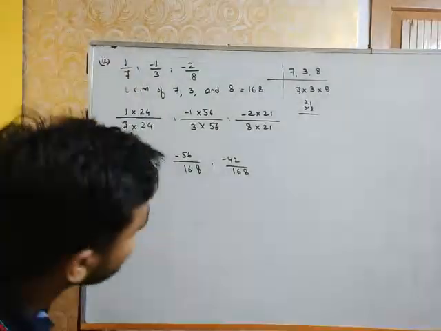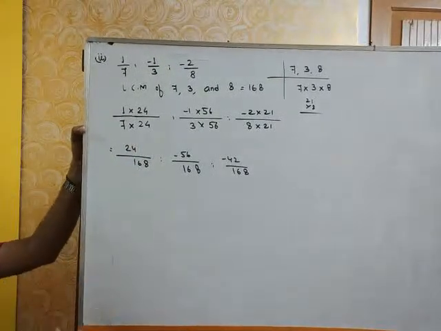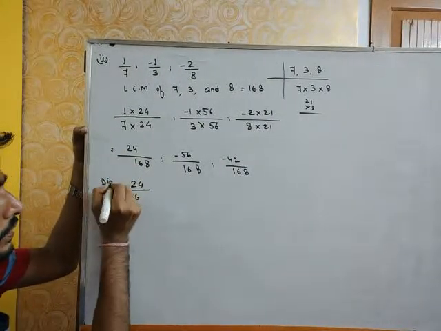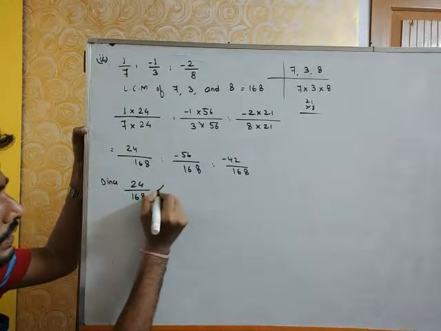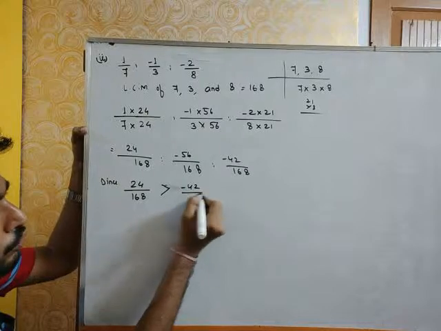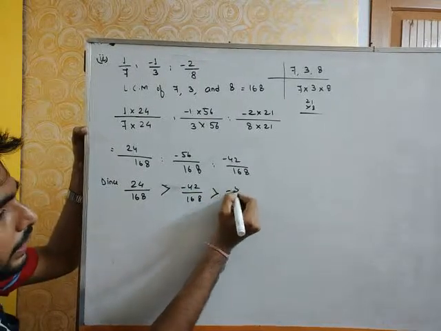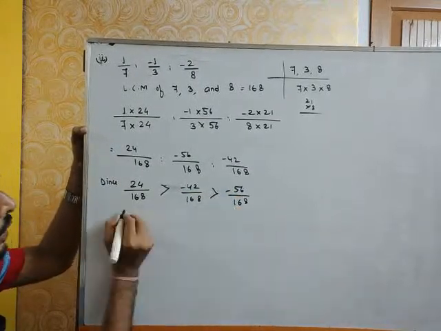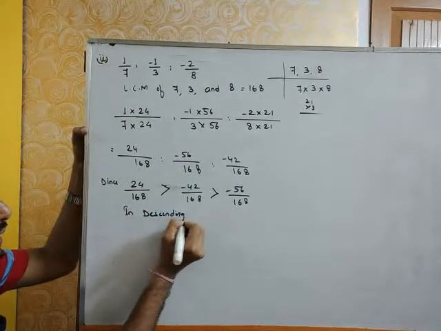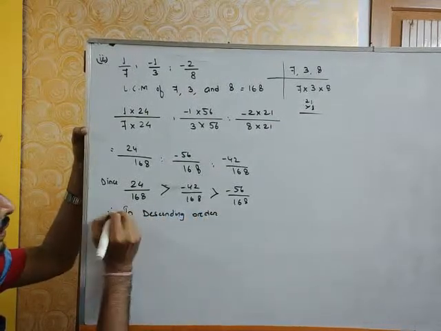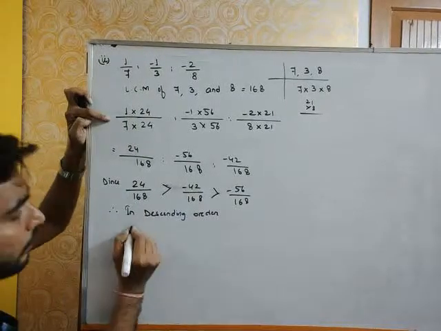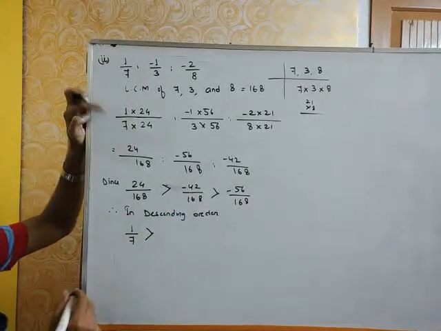Now we will arrange in ascending order. Which is the greatest one? Obviously 24 by 168 is greatest, then minus 42 by 168, then minus 56 by 168. So in descending order, 24 by 168 resembles 1 by 7. 1 by 7 is greater.